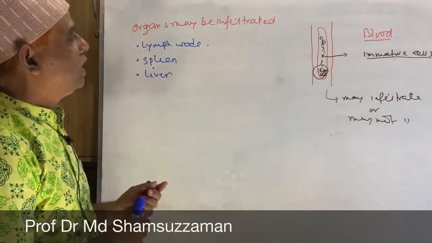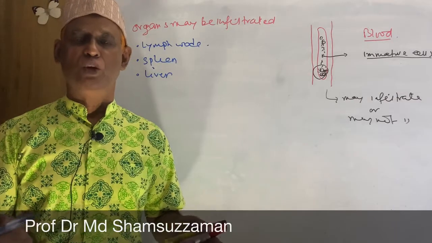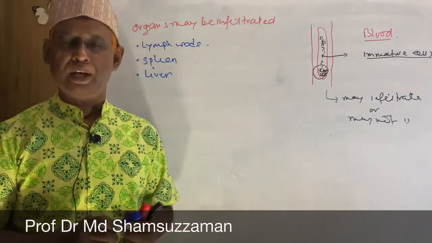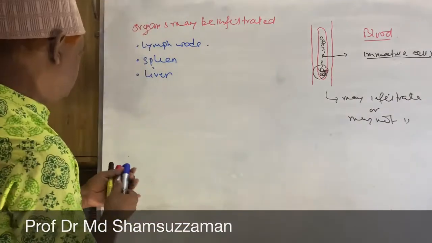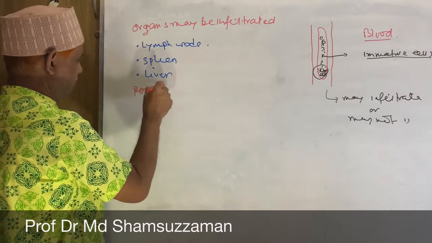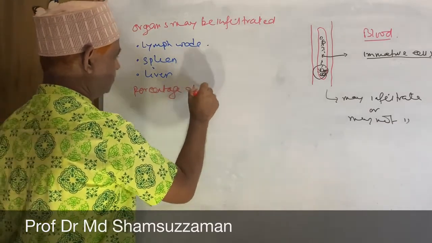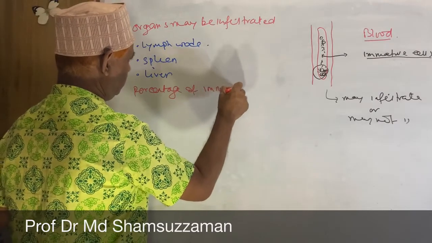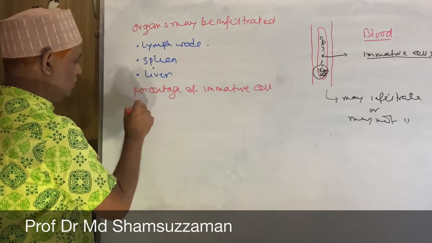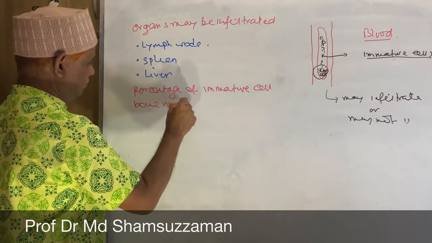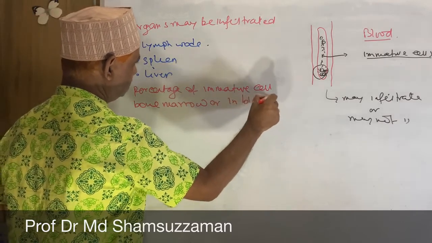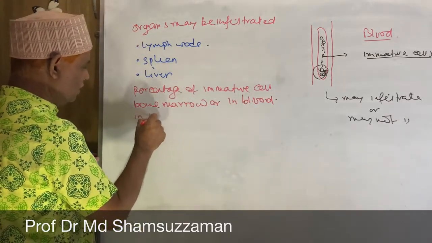Now, what percentage of immature cell or leukemic cell is required in the peripheral blood or in the bone marrow to declare it a case of leukemia?